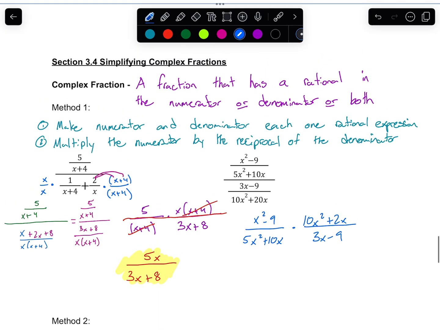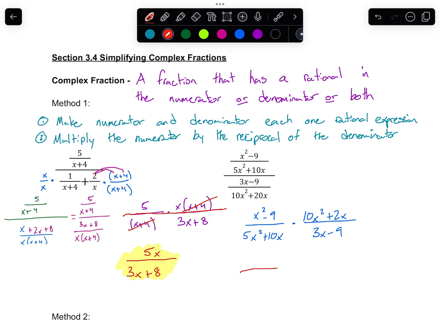And so it becomes a multiplying rational, so I'm just going to make this one big fraction and factor what I can up top. I have a difference of squares here, so that's going to become x plus 3 times x minus 3, and 5x times x plus 2.